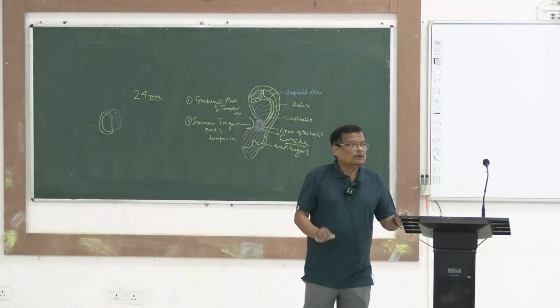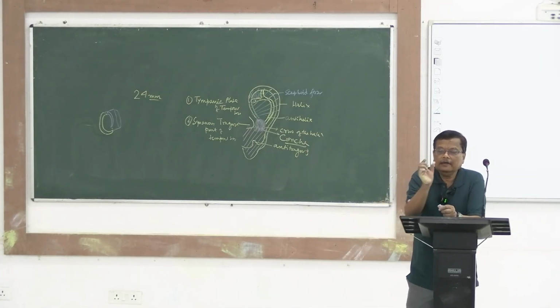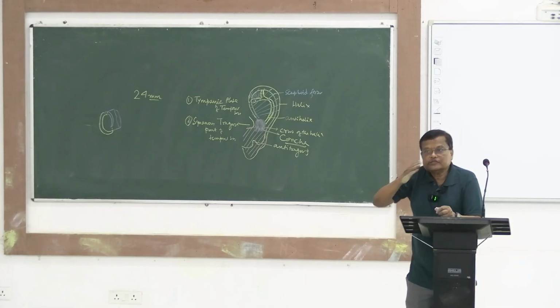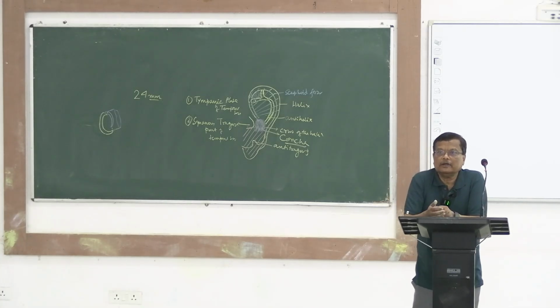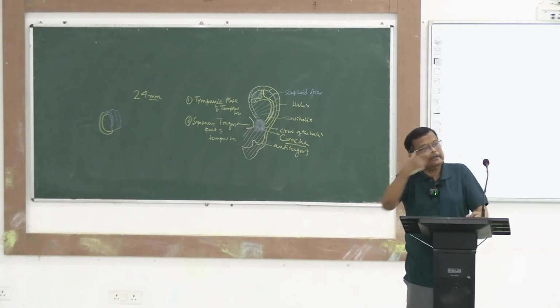So the depth, which is 24 millimeter in adults, is very small in an infant. At the extreme medial end of the external acoustic meatus, there is the tympanic membrane. So in adults, the tympanic membrane lies very deep.